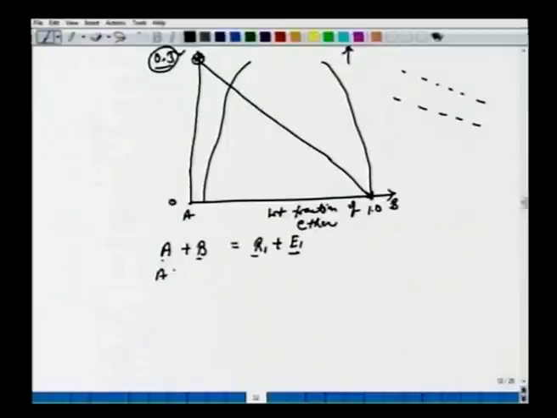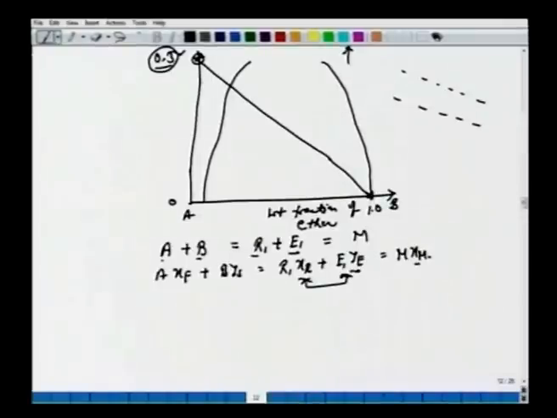We can also write A XF plus B YS as R1 XR plus E1 YE. And it's an ideal stage, XR and YE are in equilibrium. So this gives us the mixing point M, and this gives us the mix composition XM. In other words, knowing these two graphically, suppose we locate M1 like this.